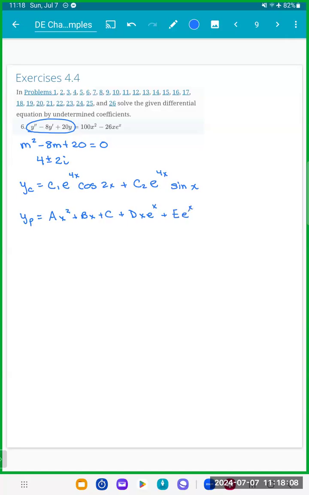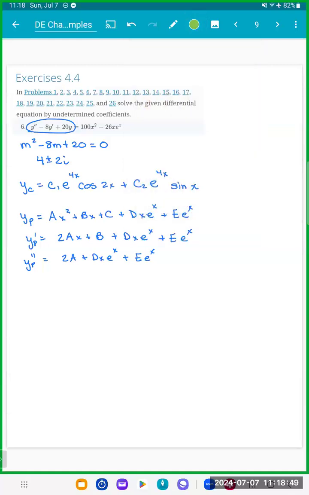And our y prime, so we're just taking our y sub p prime, is 2ax plus b, c goes away, plus dx e to the x plus e to the x. And then when we do our second derivative, that is 2a plus dx e to the x plus e to the x.